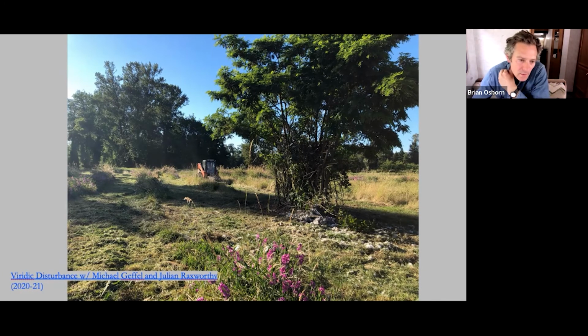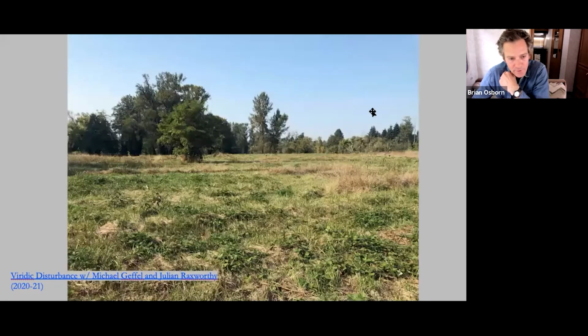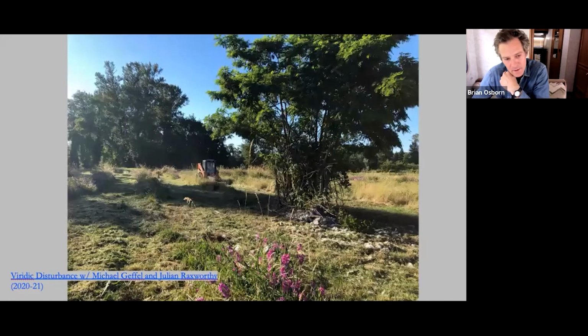What you're seeing here is during one of his mows. To point it out, there's a Robinia on the right in the foreground, black locust, and this is a kind of emergent tree. It is happening more or less naturally on the site.